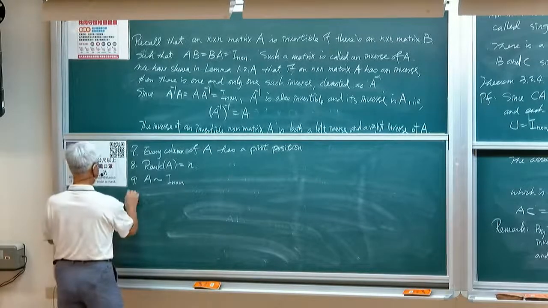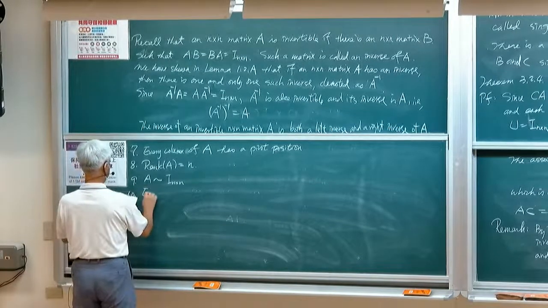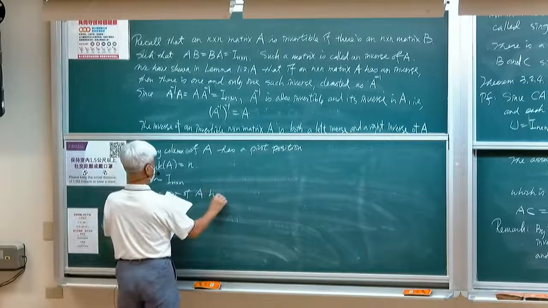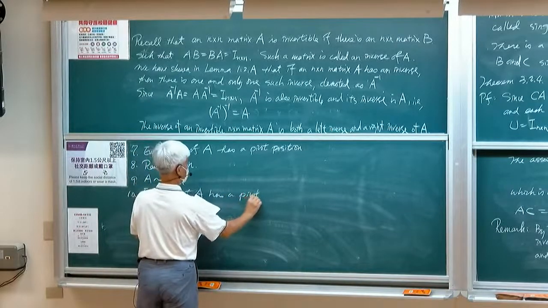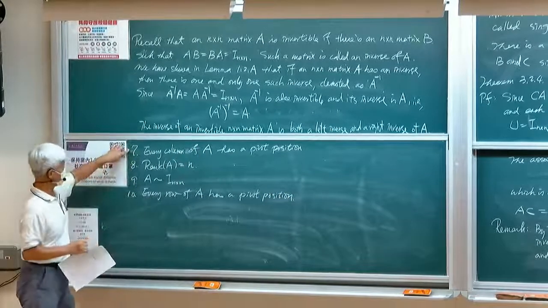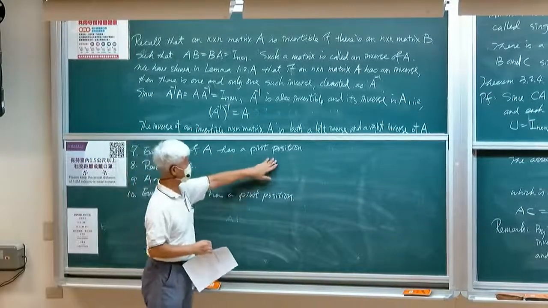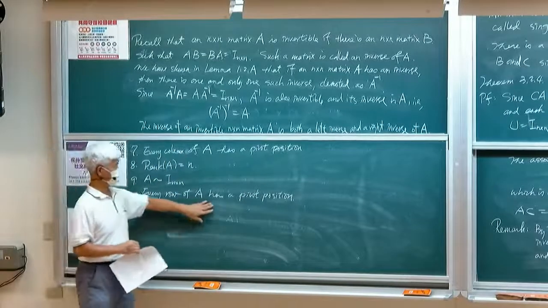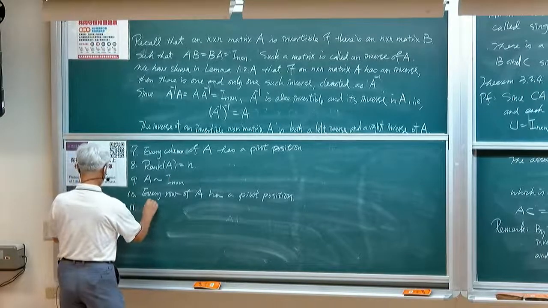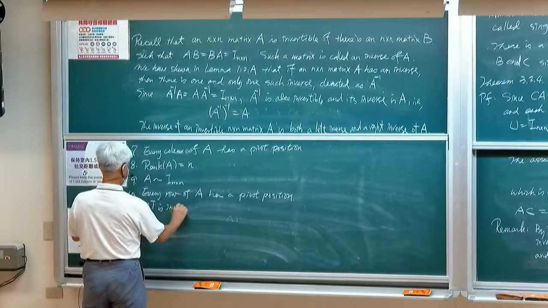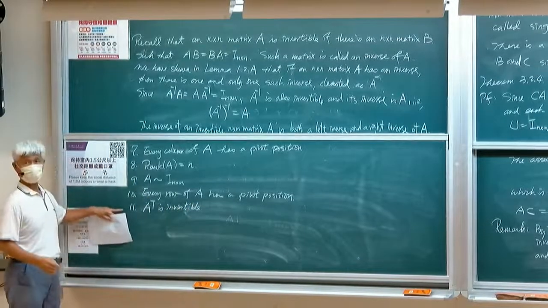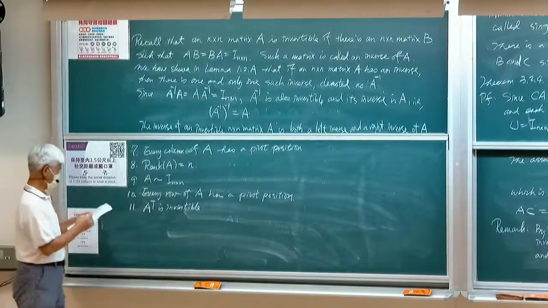And the 10th: every row of A has a pivot position. It's symmetric to 7, right? Every column of A has a pivot position is equivalent to every row of A has a pivot position. 11, A transpose is invertible. And I will give an explicit proof for that.